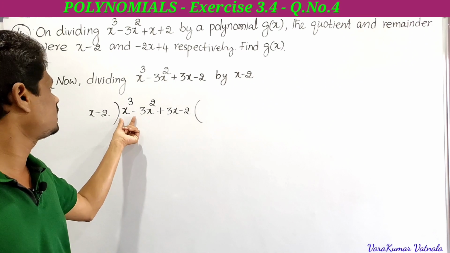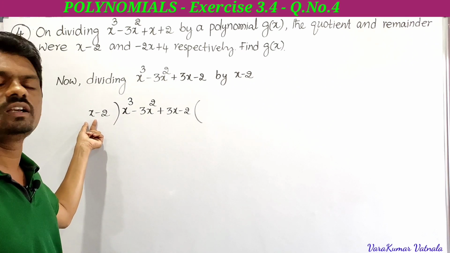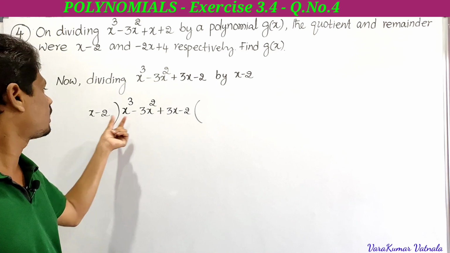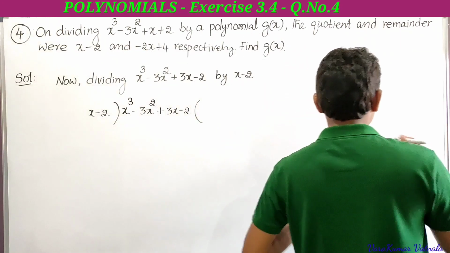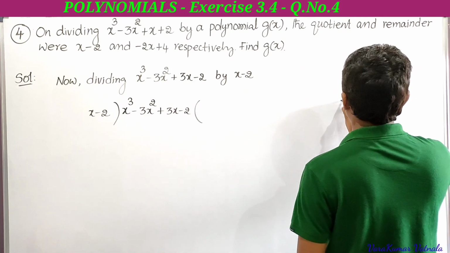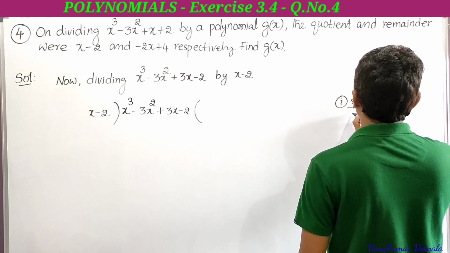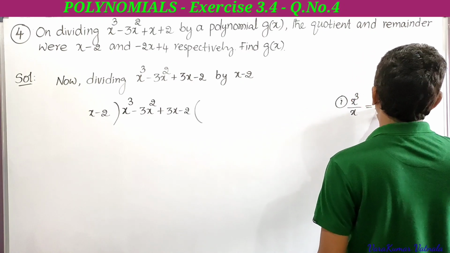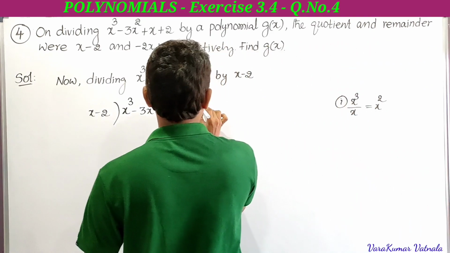The highest degree term of the dividend is x cube, and the highest degree term of the divisor is x. Now we have to divide x cube by x. That is the first step. If you divide x cube by x, we get x square. Write this x square in the quotient area.